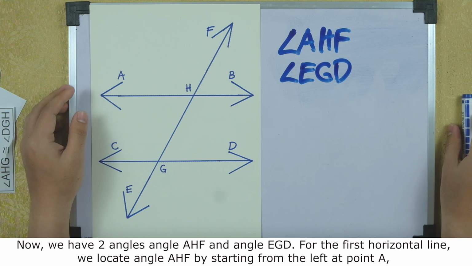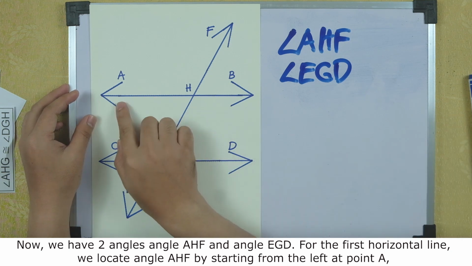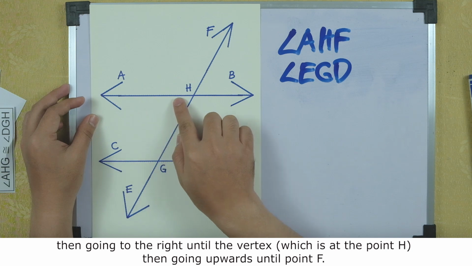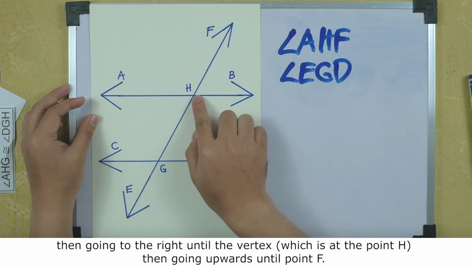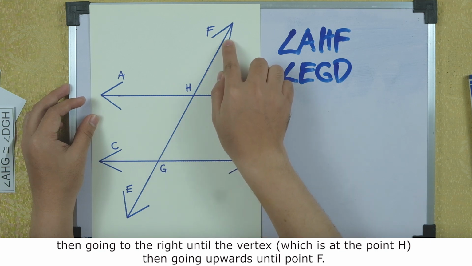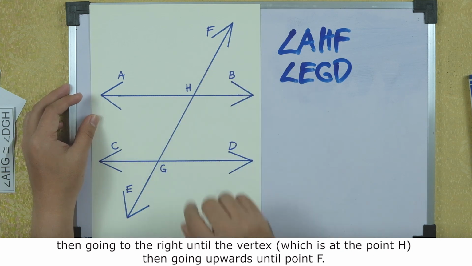For the first horizontal line, we locate angle AHF by starting from the left, which is at point A. Then we go to the right until we reach the vertex, which is at point H here. Then we go upwards until we reach the point F. So this is angle AHF.